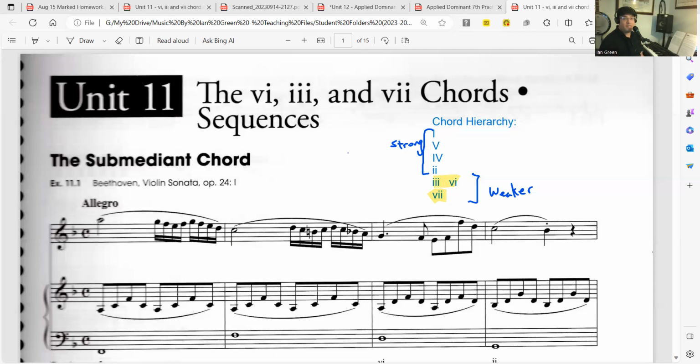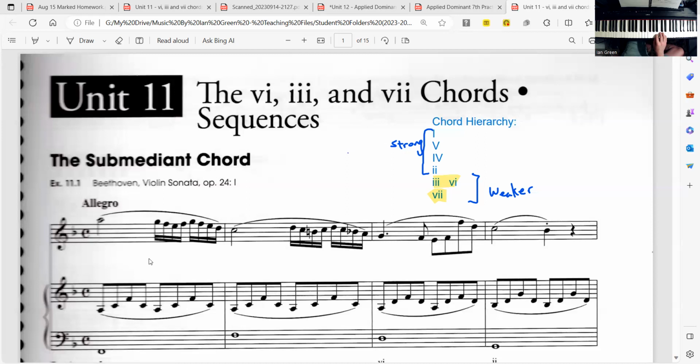So if we were again to be in the key of C major, the 6th chord would start on A. Now if we compare A minor to C major, you can see how there are 2 notes that are the same, C and E. And so sometimes whenever we see a C or an E or an A, we could use the 6th chord, but most of the time, it's stronger to use the tonic chord.